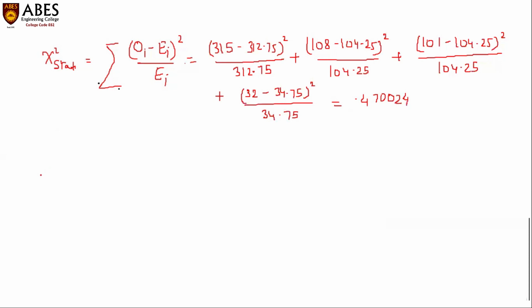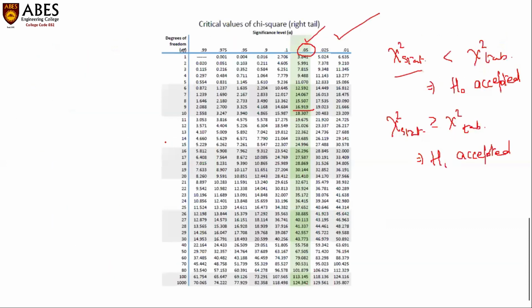0.470024. So we found that chi-square statistics is equal to 0.470024, whereas chi-square tabulated, that is chi-square at level of significance 0.05 and degree of freedom 3. Let us go back to the table. See, for degree of freedom 3 and level of significance 0.05, this value comes out as 7.815.